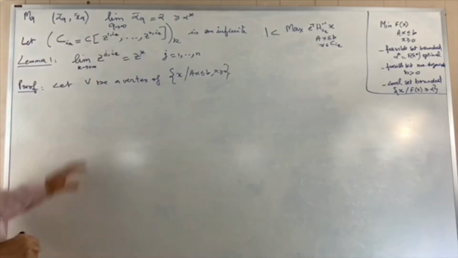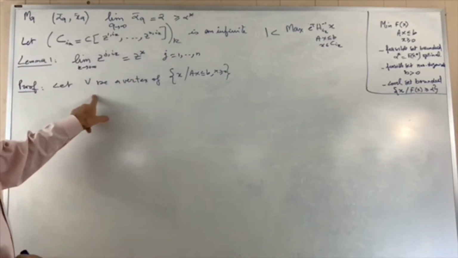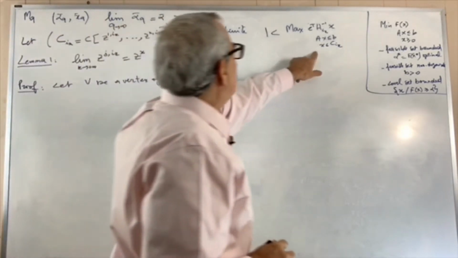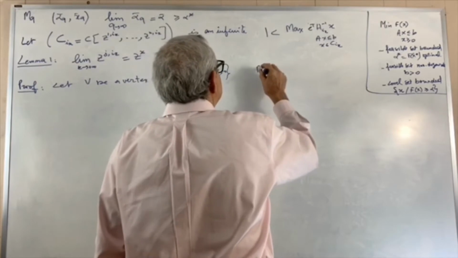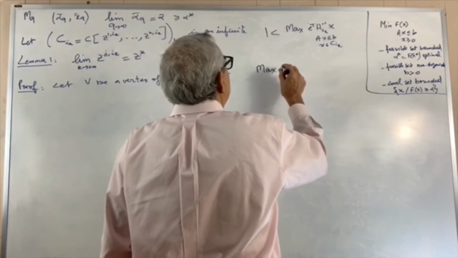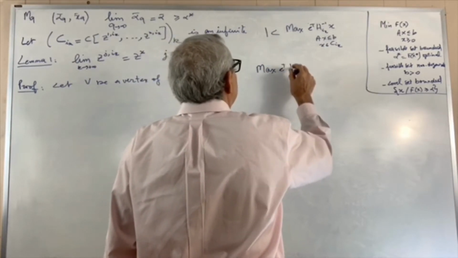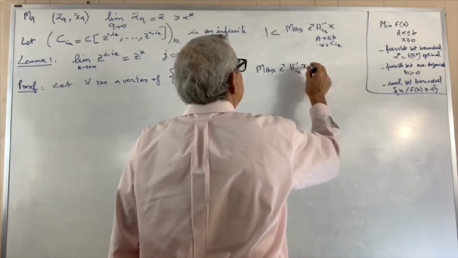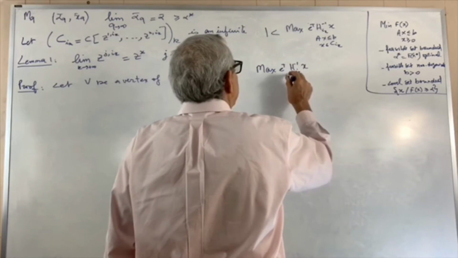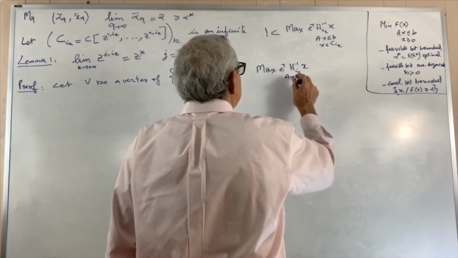Okay, and assume for a moment that v is the optimizer. In other words, the max of E transpose H_{I_{k-1}} x, where Ax is less or equal to b.